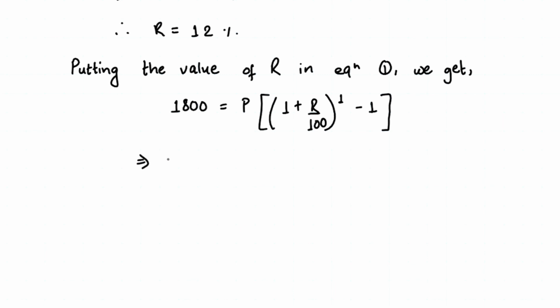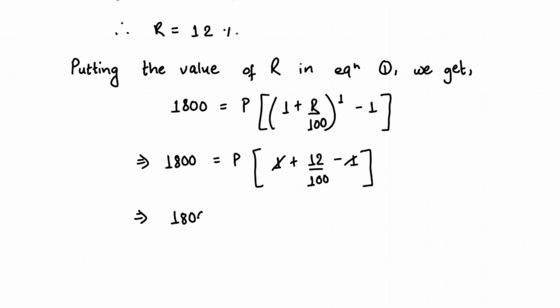What we're going to get is we still have our 1800 here equals to P bracket, we have our 1 plus our R is 12, so 12 divided by 100. Okay, I can just remove that bracket because it's just power 1, and we have our minus 1 over here. You can just cut this plus 1 and minus 1, and we have 1800 is equal to P times 12 divided by 100.